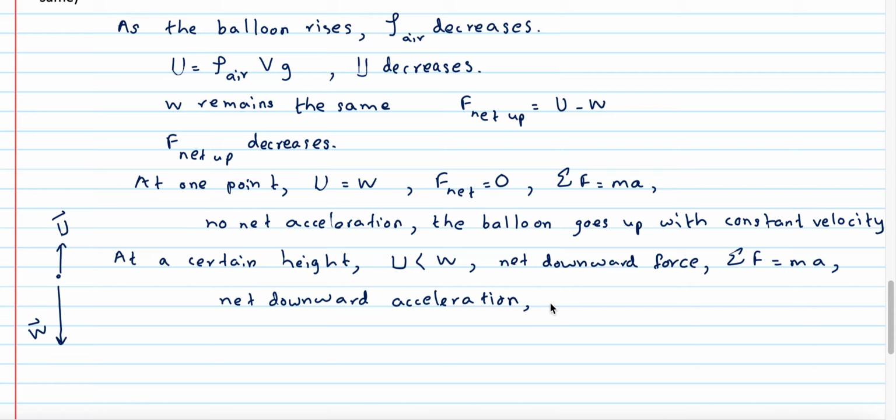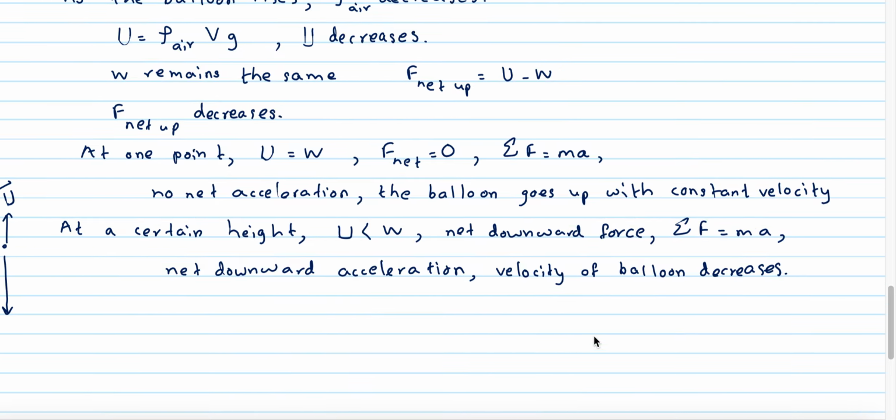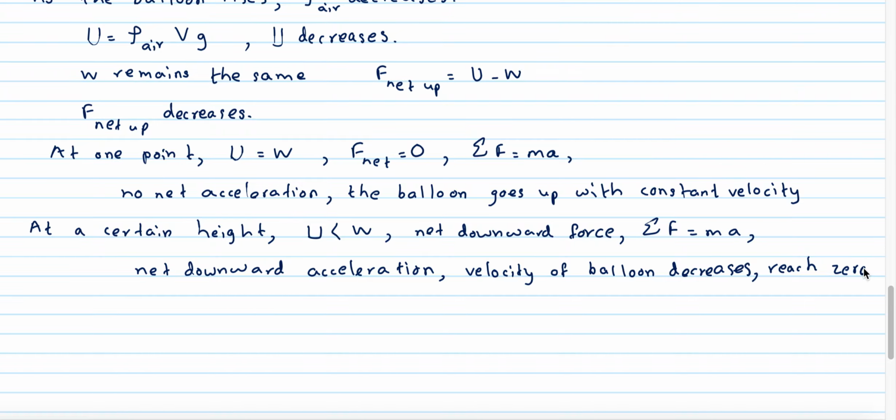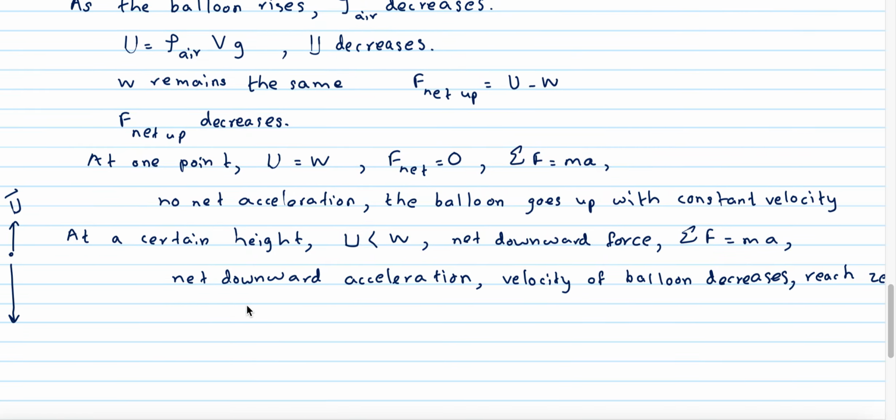So our velocity decreases. And then it will reach 0. So at that point, the balloon will come to a brief stop. So that means at that point, the balloon reaches the maximum height.